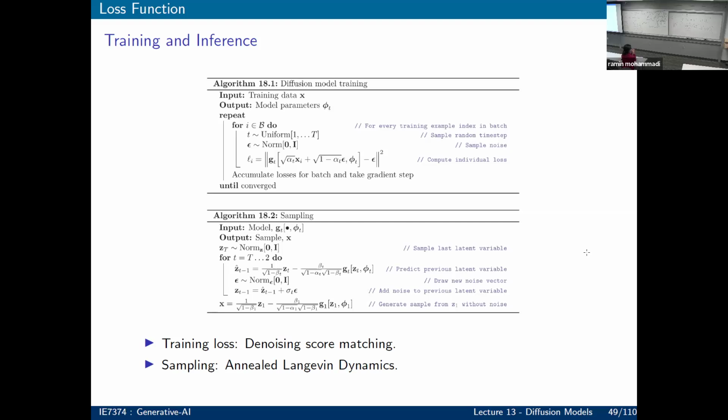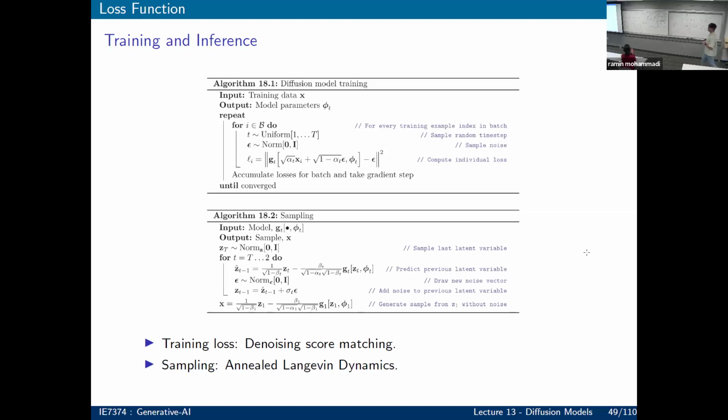You go to sampling. This is for generation. You start with a simple Gaussian sample, z_T. You start with pure noise. Then we use Langevin dynamics here. That's what you see in this for loop. Langevin dynamics says that at every timestamp you want to denoise it.